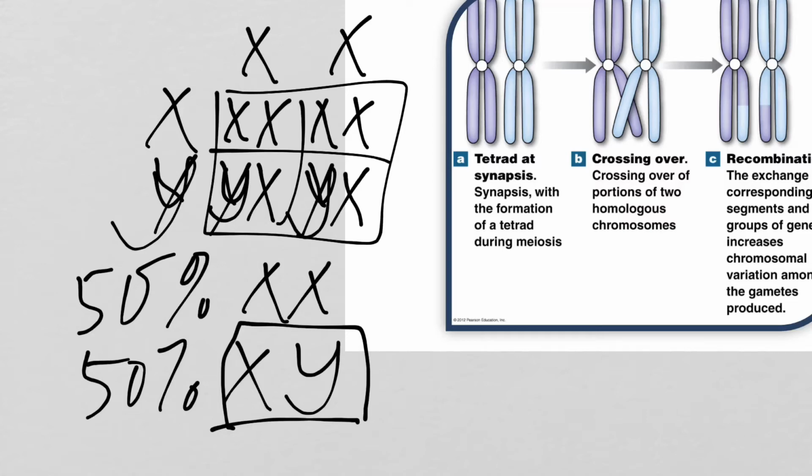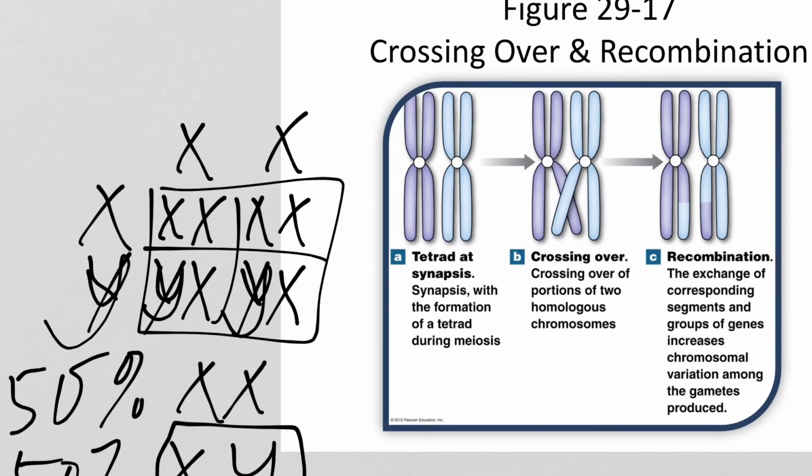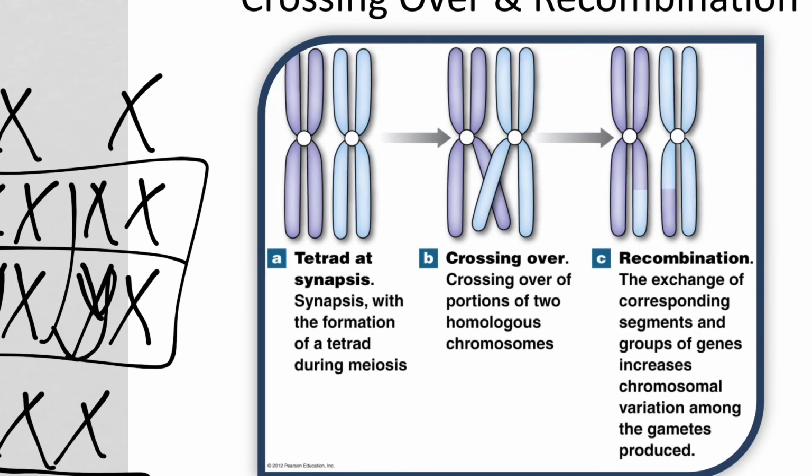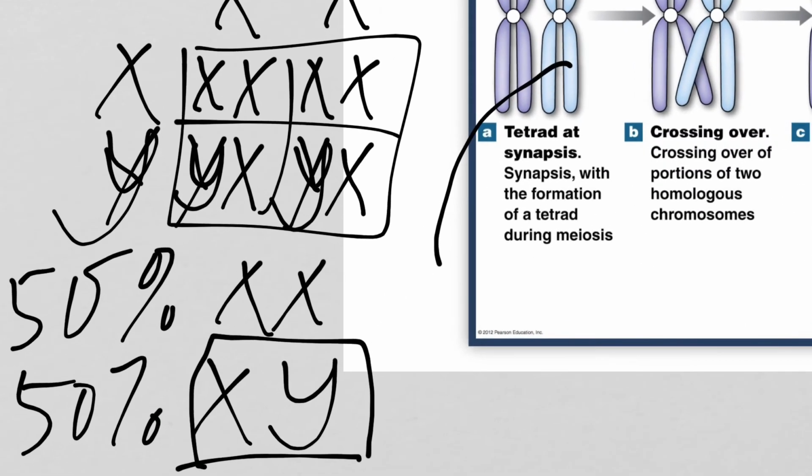Plus there's another issue, which is that the gene on the Y that causes the production of the testosterone and the male can actually, as you see on the picture here with the crossing over and the recombination, jump onto an X. So you can be XX, genetically female, but have the male gene and be male.